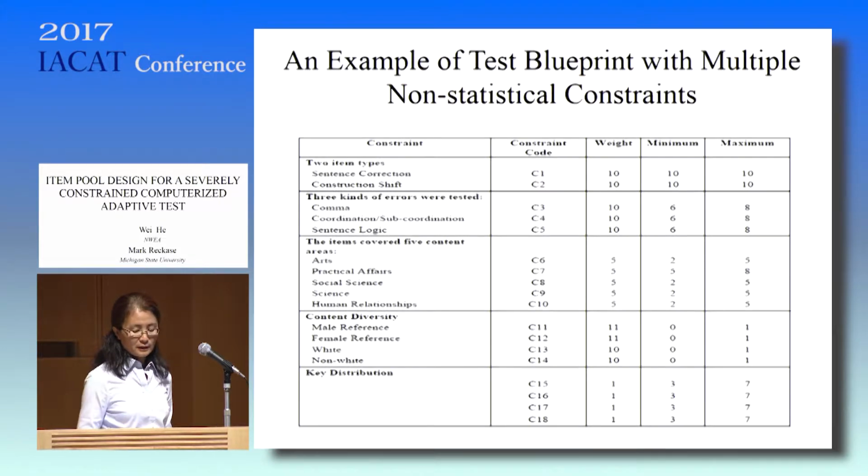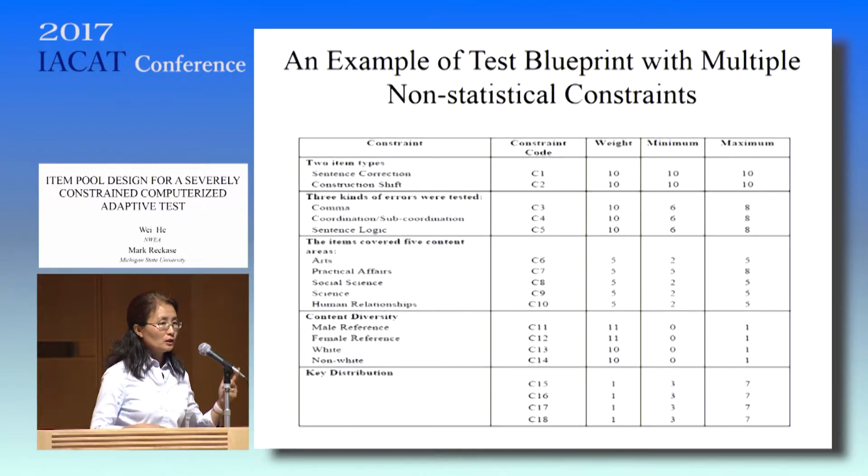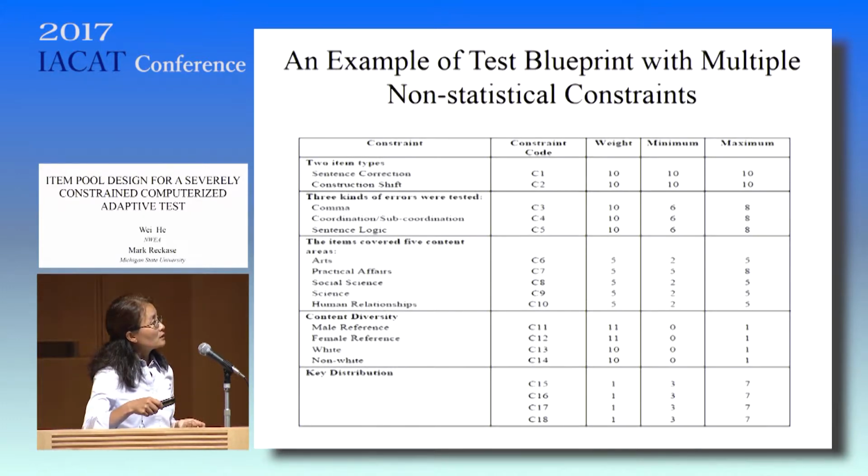So this is an example of a more complex test blueprint. As you can tell, this test needs to take care of 18 constraints, and for each constraint, there's a weight and also lower and upper bounds associated with it.